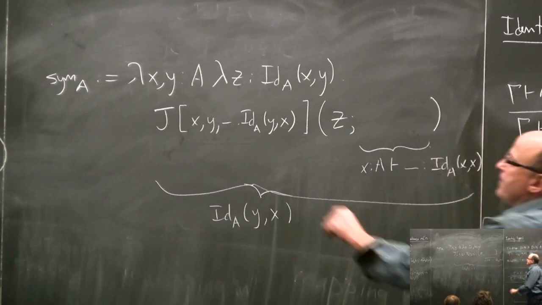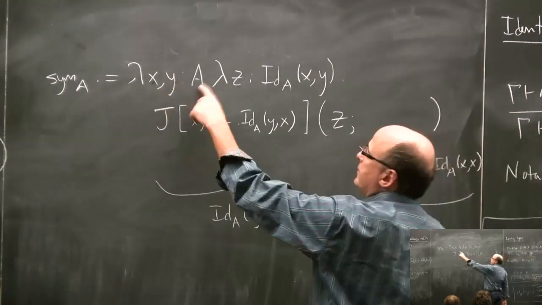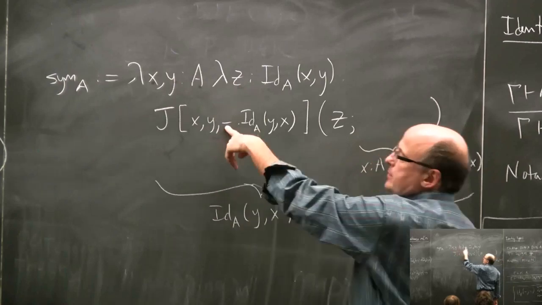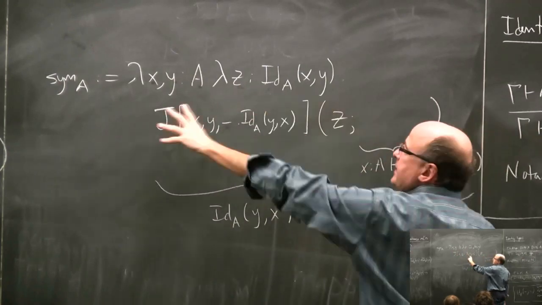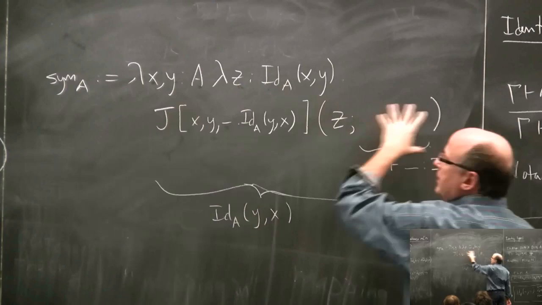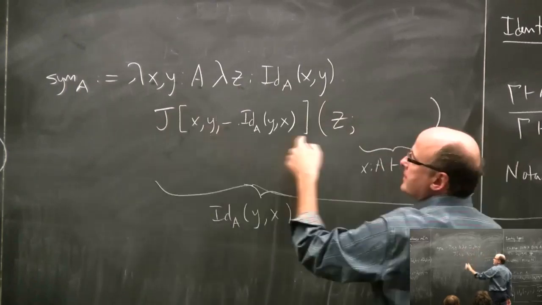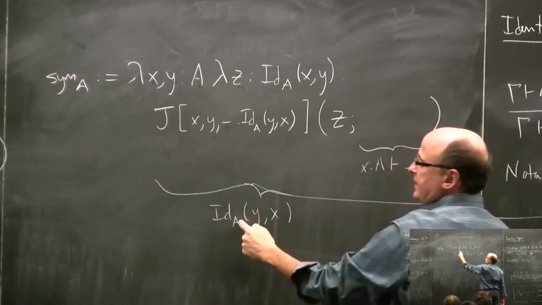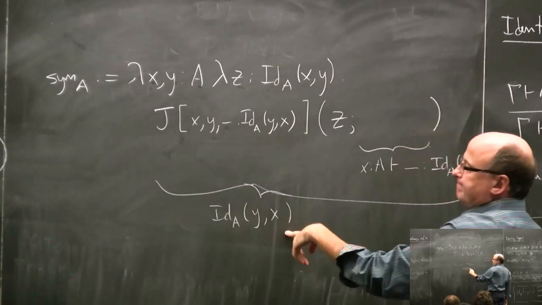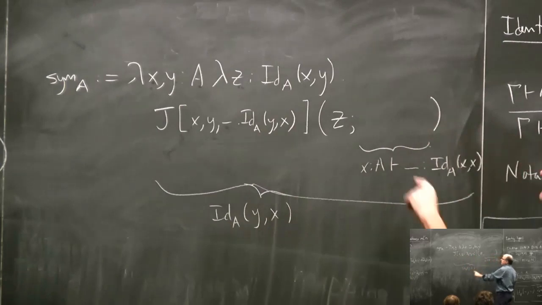Okay, because the idea will be now you're given x and y and A, and you're given z, but the motive doesn't depend on z. So I wrote an underscore there. So if I successfully apply path induction, I will get something whose type is this guy with x and y plugged in, which will give me yx, which is what I need. Okay?